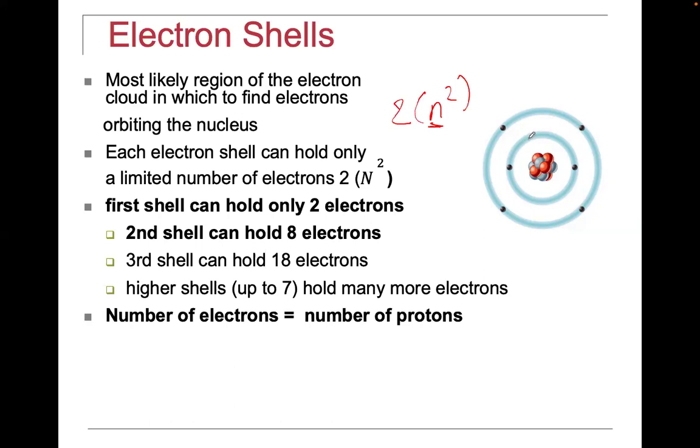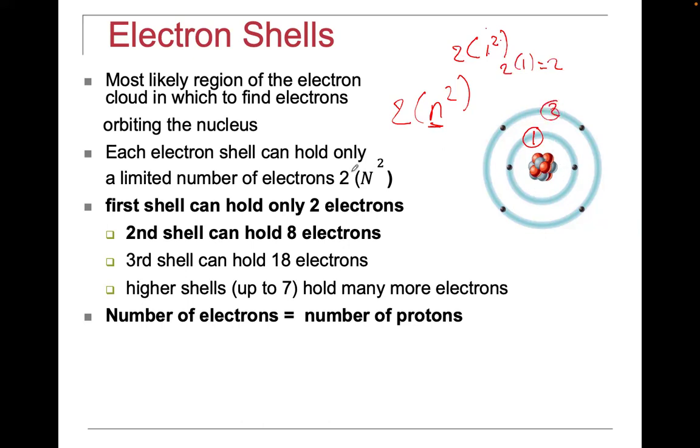So if I'm referring to the first shell, number 1, the formula is now 2 times 1 squared. So we do what's in the parentheses first. What's 1 squared? 1 times itself is 1. What's 2 times 1? 2. So you can only fit 2 electrons in that first shell.